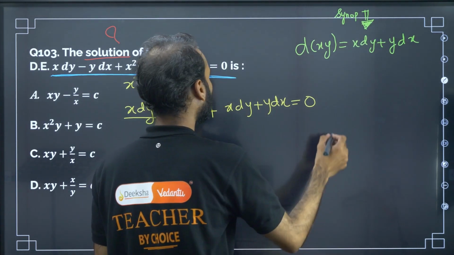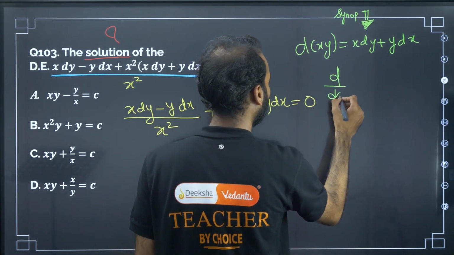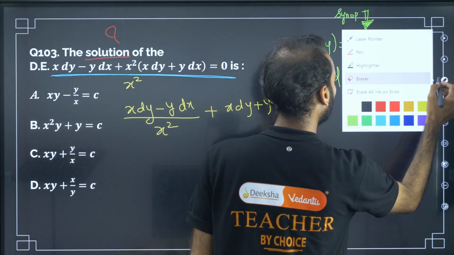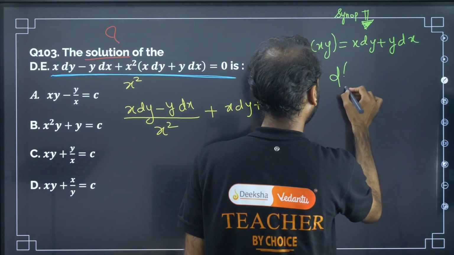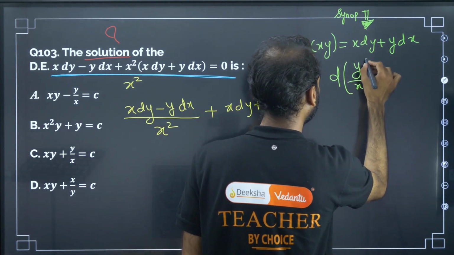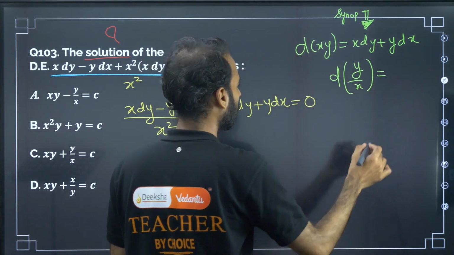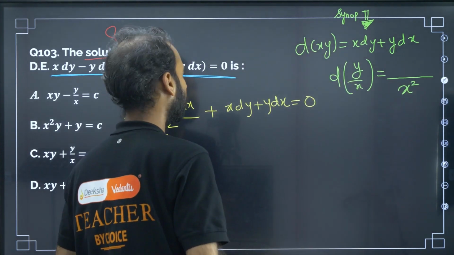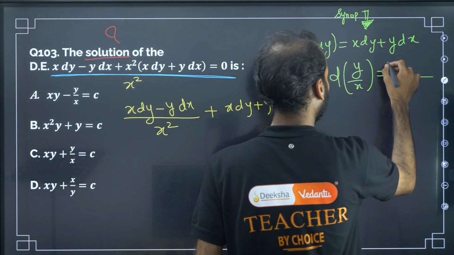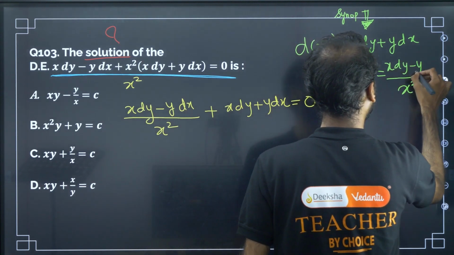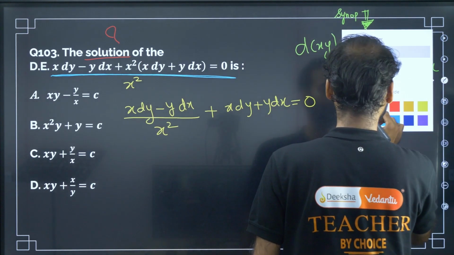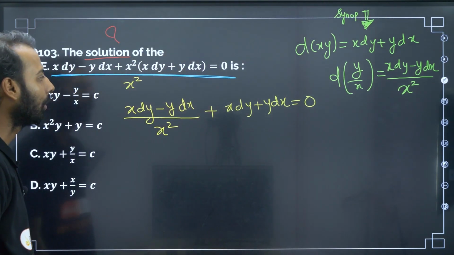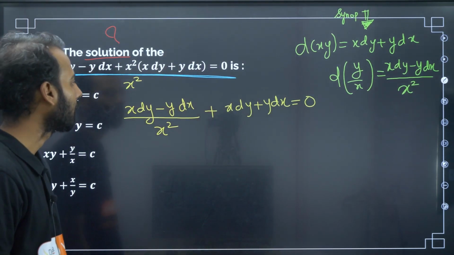Also, differentiation of y by x is x dy minus y dx by x square. So x dy minus y dx by x square plus x dy plus y dx is equal to 0.